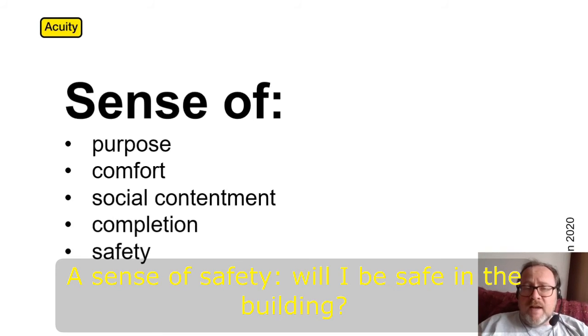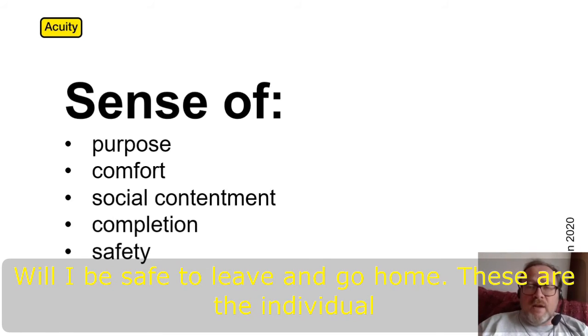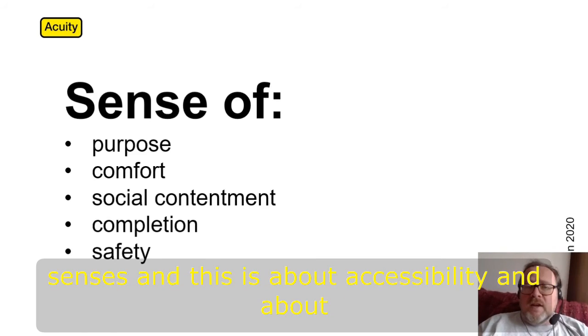I will be safe in the building. I will be safe when I leave and go home. These are the individual senses, and this is about accessibility and about inclusion.